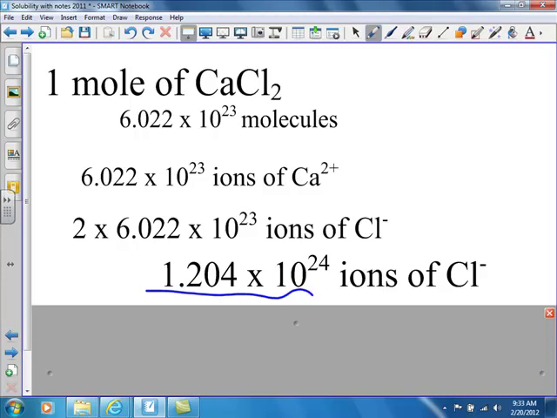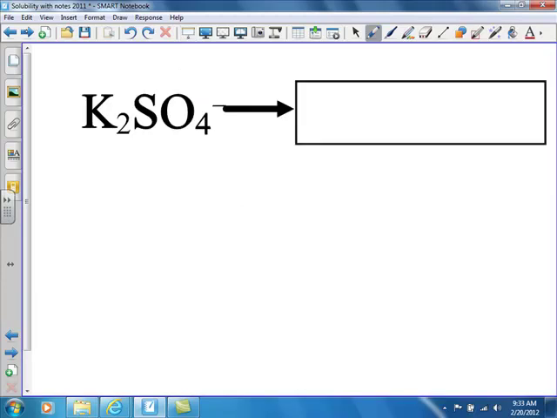Okay? Now let's look at another example. How do you suppose K2SO4 would break apart? Okay, first of all, it should break apart right there at the K and the SO4, because the K is the metal and SO4 is a polyatomic ion. Okay? And how many potassiums will you get?